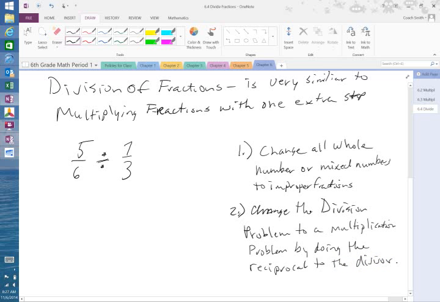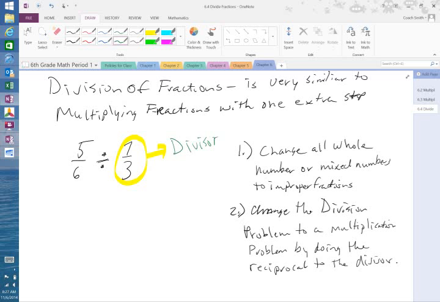Now, I'll explain to you what the divisor is. This is the divisor. The divisor is the number or fraction behind the division sign.